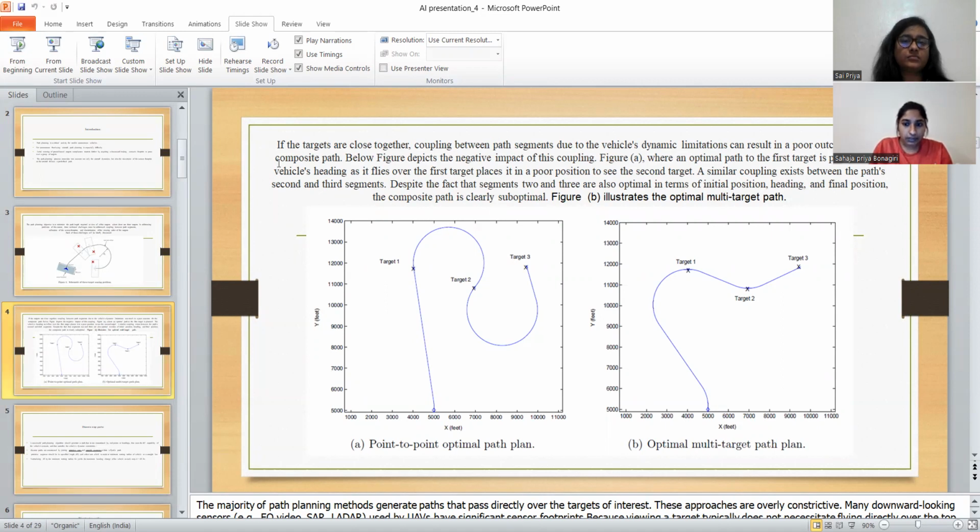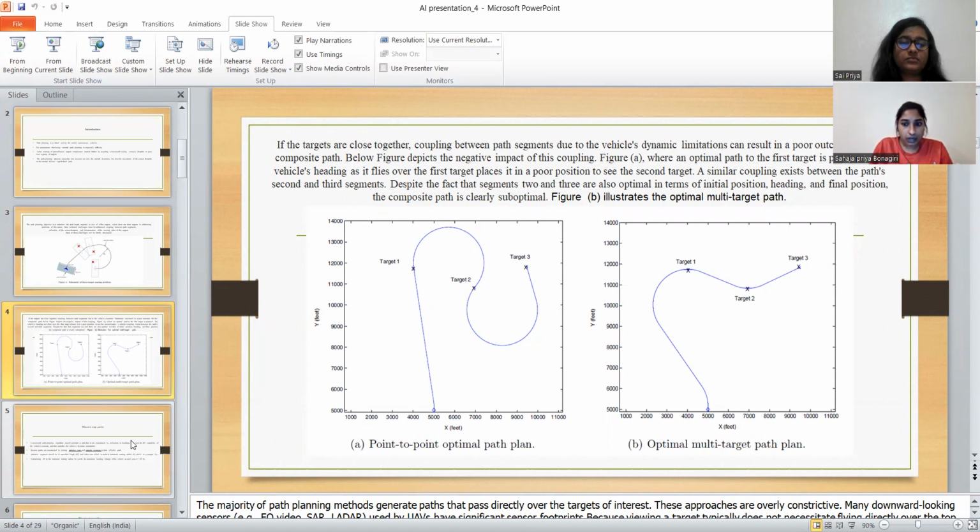If the objectives are close together, coupling between the path segments owing to the vehicle dynamic constraints can result in a negative outcome for the composite path. The detrimental consequence of this coupling is seen in figure 2, where an ideal approach to the first objective is designed. The vehicle direction is set as it flies over the first target.